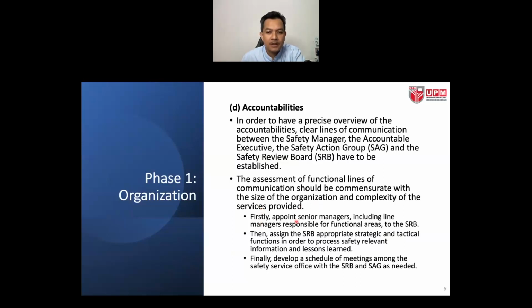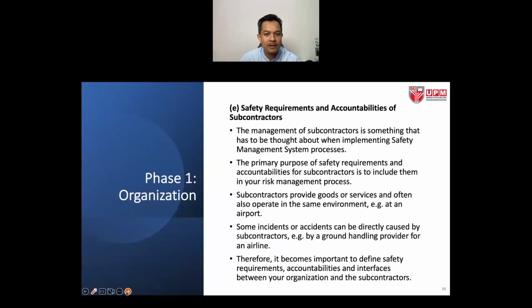Firstly, appoint senior managers, including line managers responsible for functional areas, to the safety review board. Then assign the safety review board appropriate strategic and tactical functions in order to process safety relevant information and lessons learned. Finally, develop a scheduled meeting among the safety services office with the SRB and safety action group as needed. Alright.